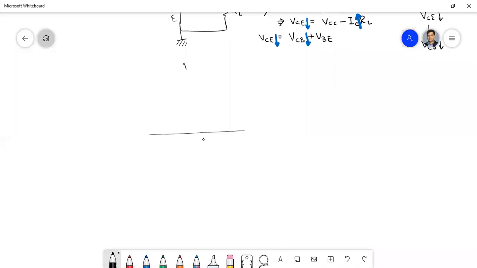Actually, if we draw the linear structure, what are the different junctions or different substrates in this? This is n plus, isn't it? If this is your emitter, and this is your collector, and this is your base, what about this substrate?